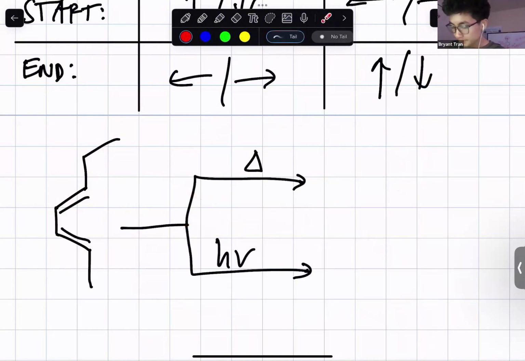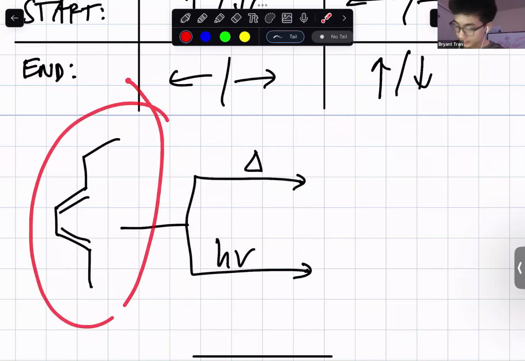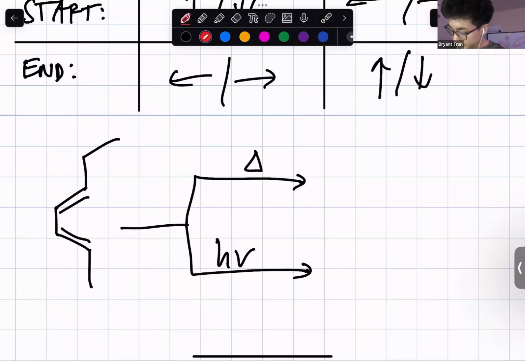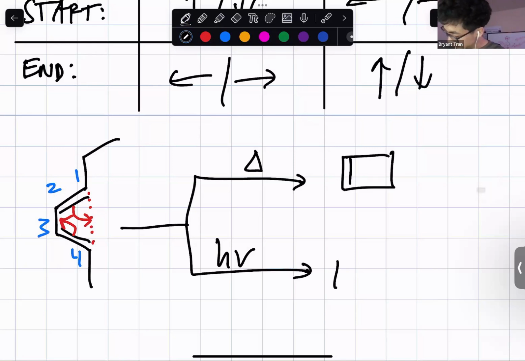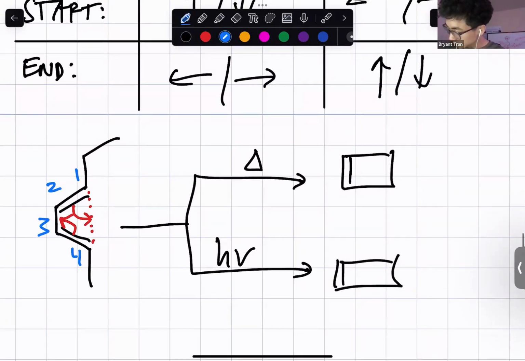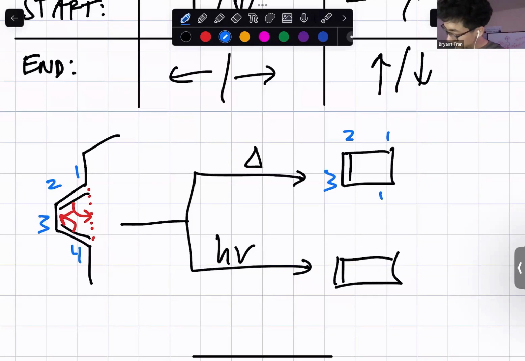You know that you have ring closing when you have no wedges or dashes on the reactant. I'm going to draw out the arrows here for you. This double bond is going to make a single bond between that carbon and this carbon, shifting this double bond over to make a double bond right there. To keep track of things, we can number them 1, 2, 3, 4, which gives us these base products, also numbered 1, 2, 3, 4.